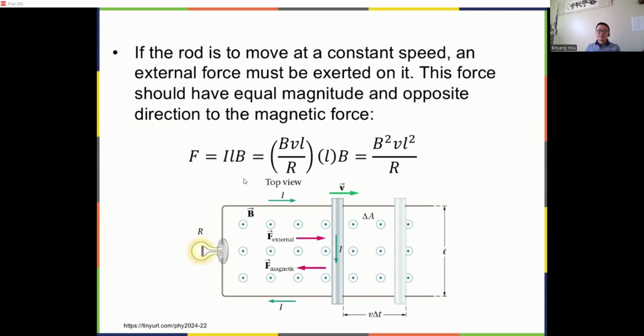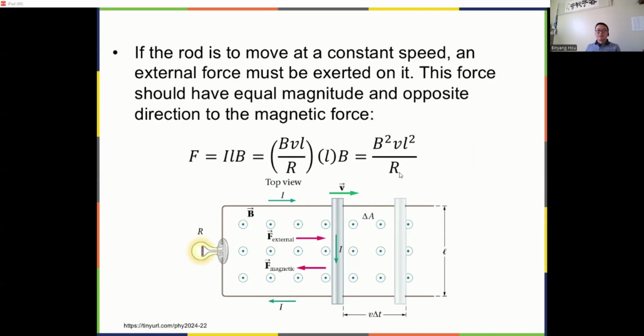And I here can be calculated: you use the induced EMF epsilon divided by R as the current, times L times B. So there are two B's here, so B squared, and then there's one V, and two L's, so L squared, over R. So the magnetic force this rod experiences will be equal to B squared V L squared over R.